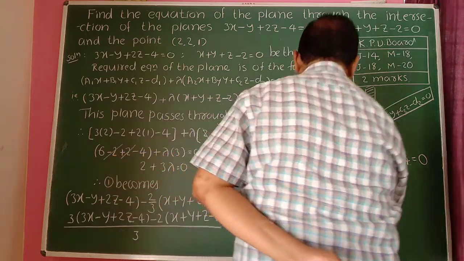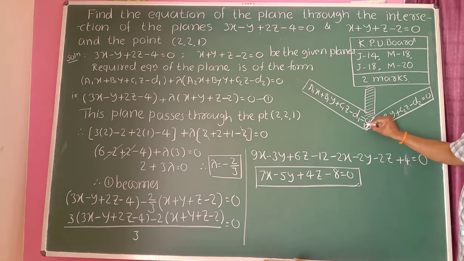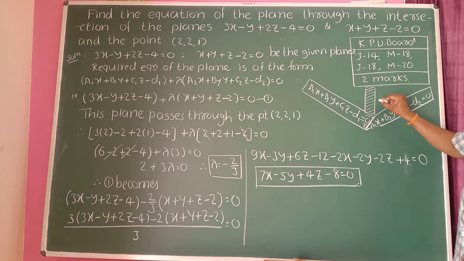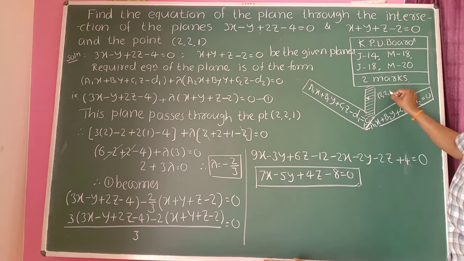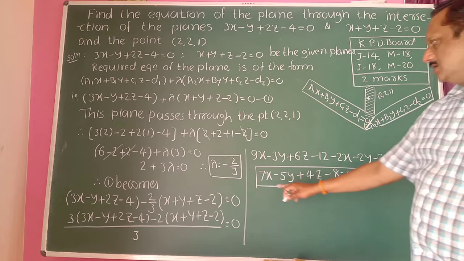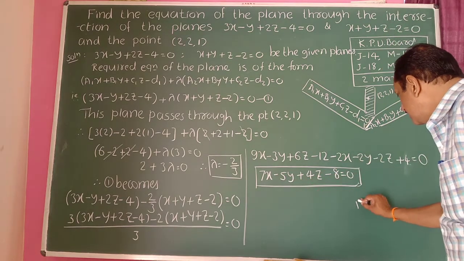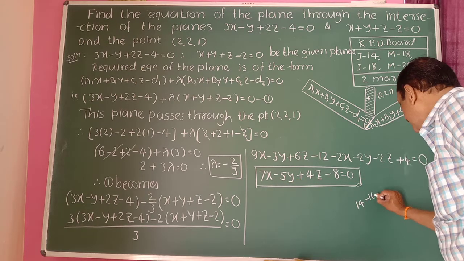So this plane passes through the line of intersection of these two planes, as well as the point (2, 2, 1), which is already given. You can verify whether the plane passes through (2, 2, 1) or not. 7 twos are 14, 5 twos are 10, minus 10.